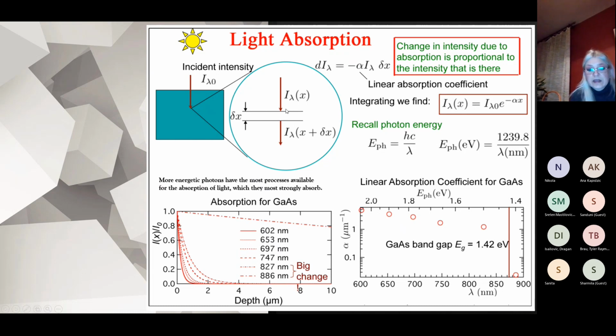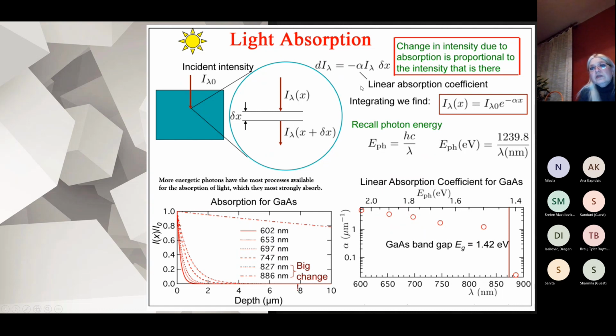Usually in this situation we make an assumption: that the change in intensity due to absorption is proportional to the intensity that is there. Written as an equation, the derivative of the intensity is proportional to some constant times the light intensity times the thickness of the matter.